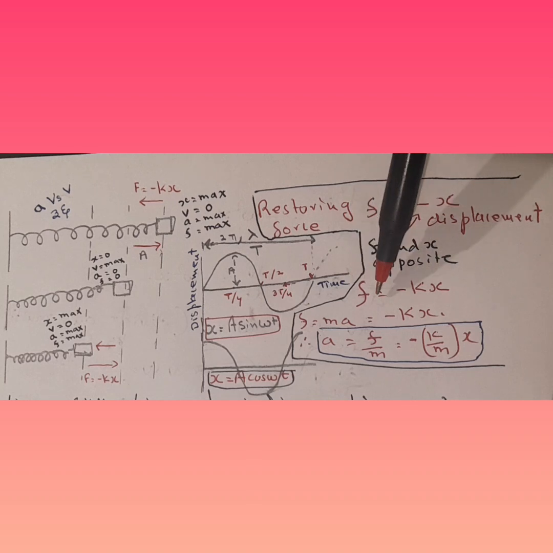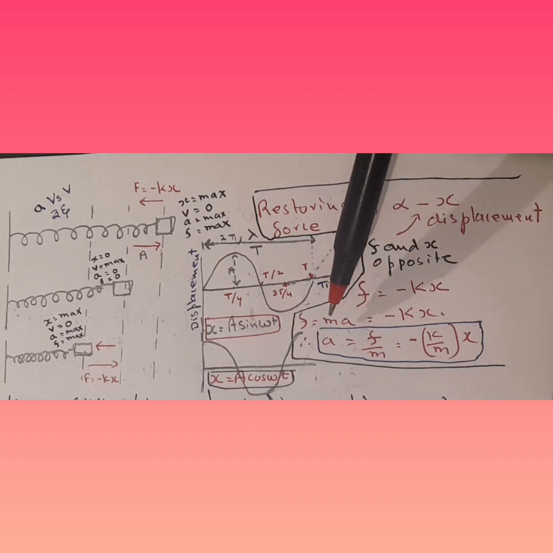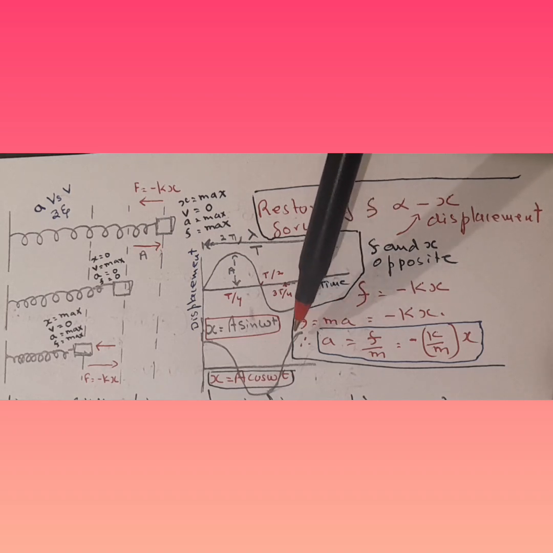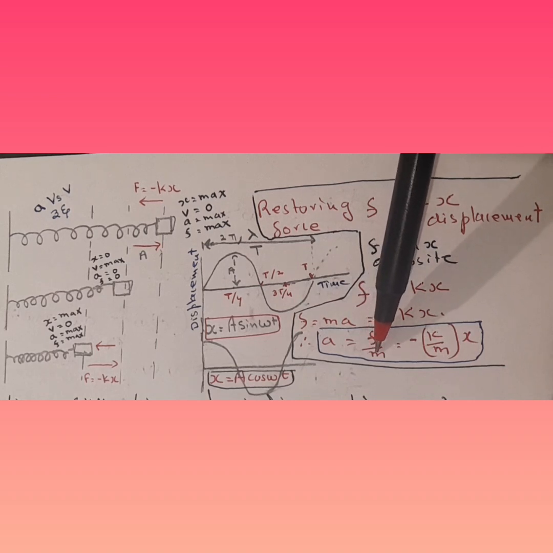Then we also know that force is equal to mass into acceleration, a very old formula, right? So acceleration would be force divided by m.